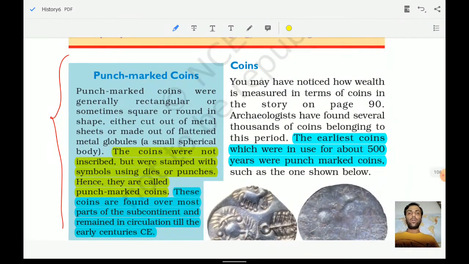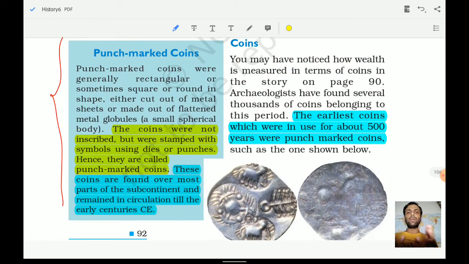Now it is talking about the coins. We had a basic understanding in the earlier chapters. We looked at how punch marked coins were prevalent in the 6th century BCE, but not prior to that. It is providing the same information here.